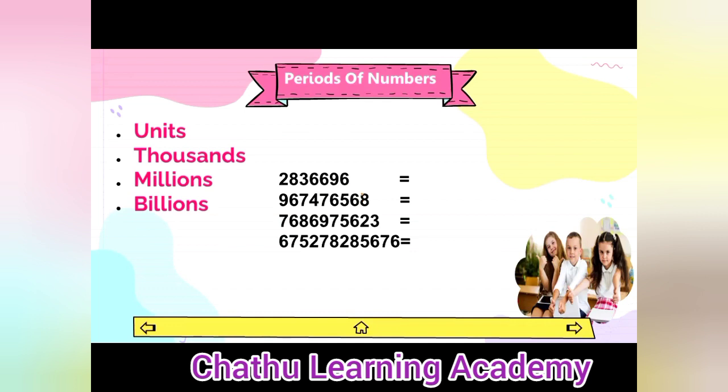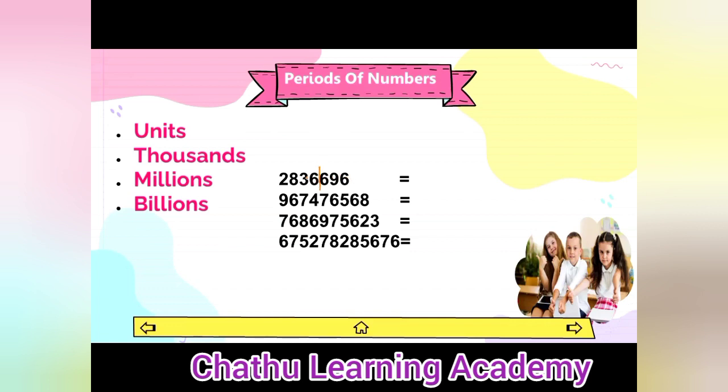Then how can we separate these given numbers into groups? This is the method. We want to start from the right side and separate the given number into groups of 3 digits in one group. From right side, 1, 2, 3.